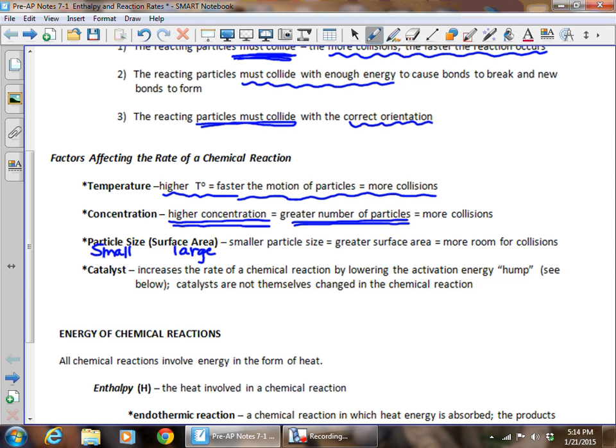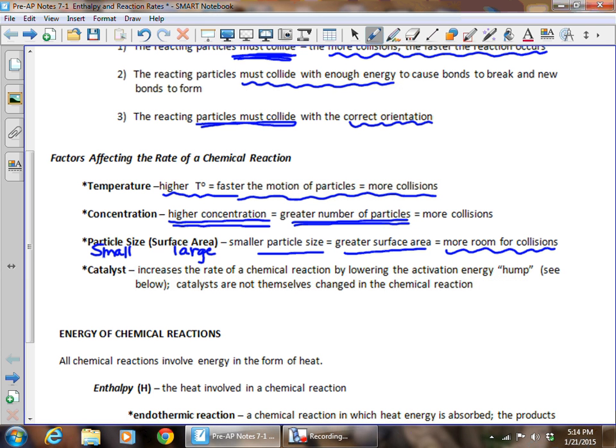And therefore, if you strike a match, you hold it to a piece of coal, it's going to take forever to light. But if you strike a match in a container that has ground up coal dust in it with some oxygen, you can get an actual explosion. So the smaller the particle size, the greater the surface area, and the more room or places for collisions to occur.